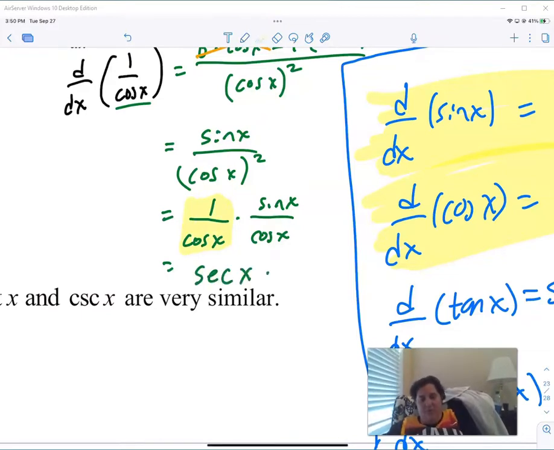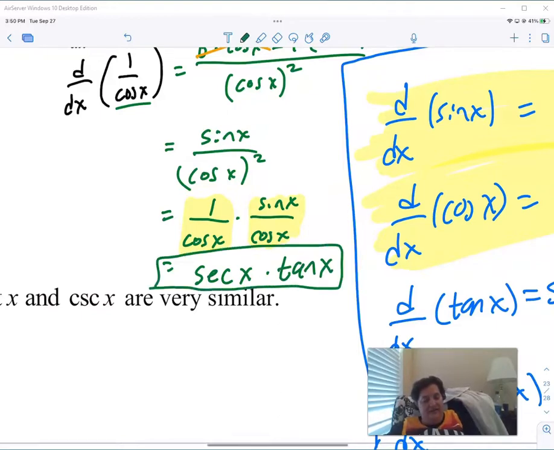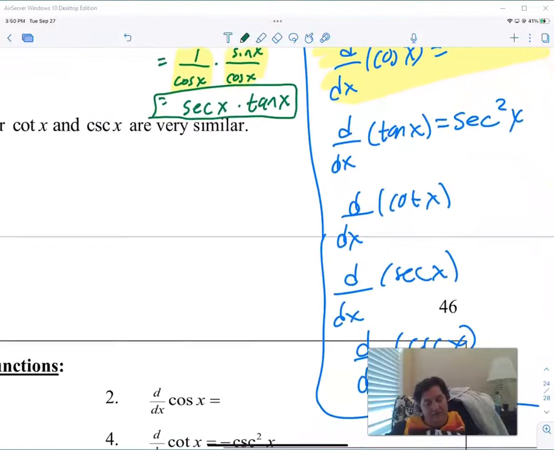Secant, right? What's another way of saying sine over cosine? Tangent. That's the derivative of secant. So the derivative of secant is secant tangent. Okay?